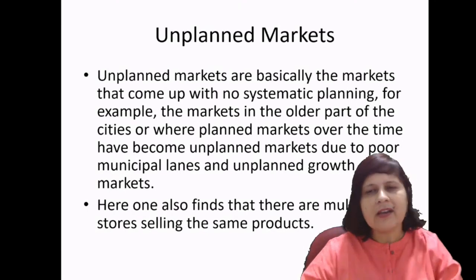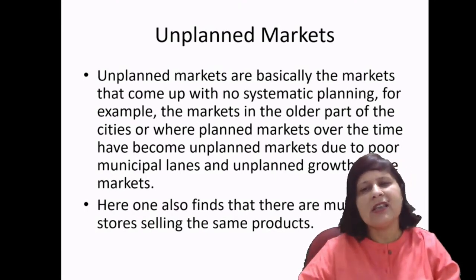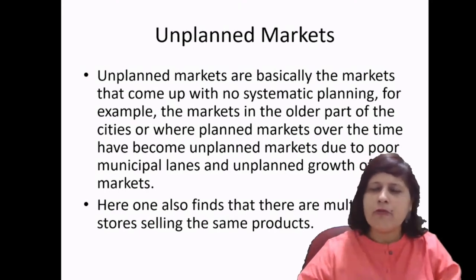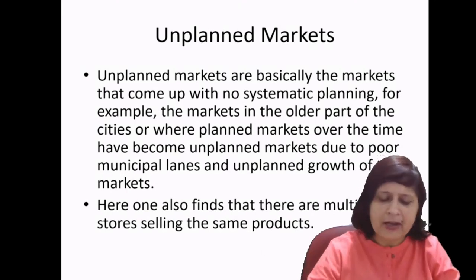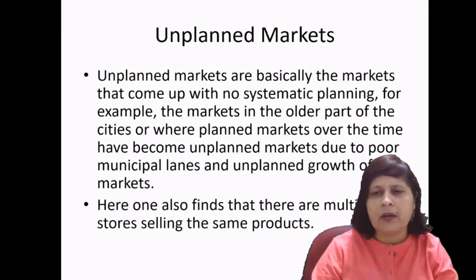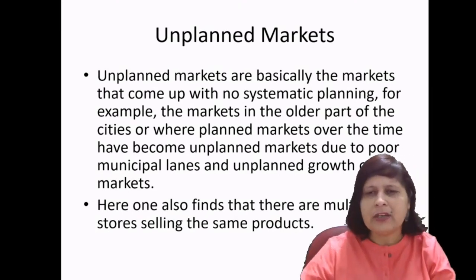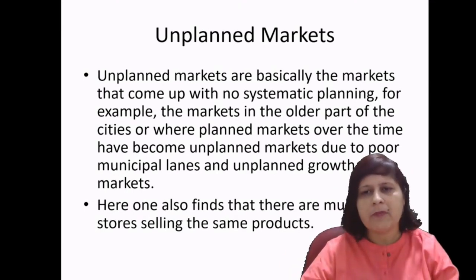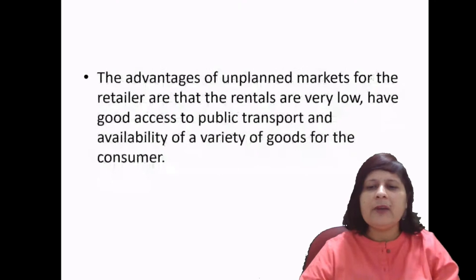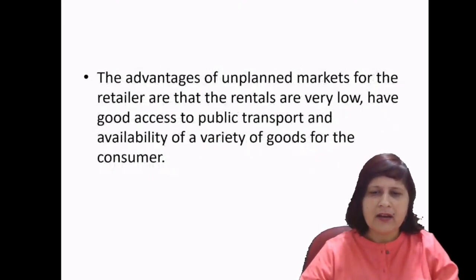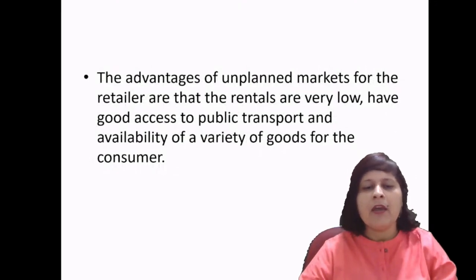You will find that there are multiple stores selling the same products in the unplanned market, right? If you go to this type of market, you will find the same product in multiple stores or in multiple shops, right?